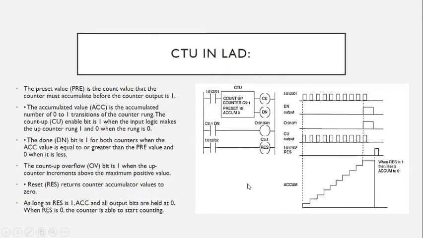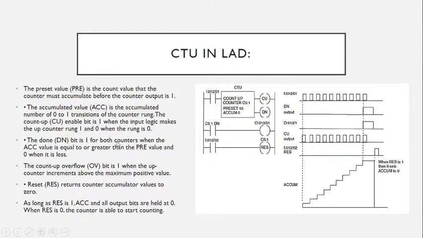If you connect that to a contact and then, for example, in real applications, connect it to an LED, you will see it lighting up, flashing, on and off. Now the done pin is 1 for both counters.